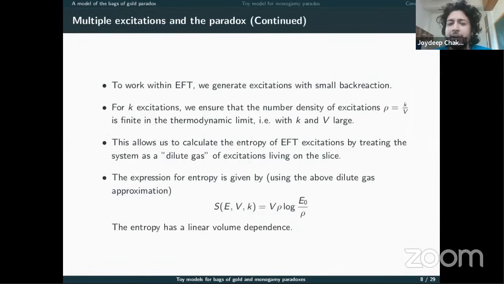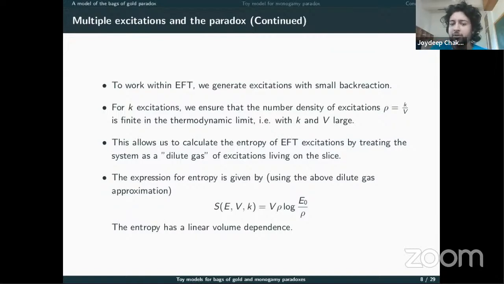To work within effective field theory, we'll generate these excitations with small back reaction. For k excitations, we'll ensure that the number density of excitations, rho, which is simply k divided by the volume of this slice, is finite in the thermodynamic limit, that is with k and v large. This allows us to calculate the entropy of these EFT excitations by treating the system as a dilute gas of excitations living on the slice.